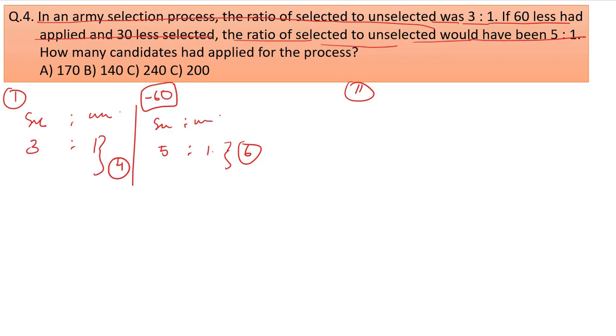The question says the total number of applicants this time is decreased by 60 candidates, but here we have initially 4 units and then 6 units. This is increasing, but what we need is decreasing, so we should make this side greater than this side.